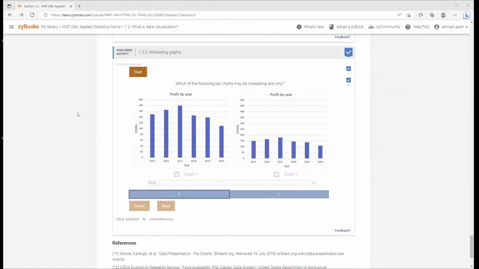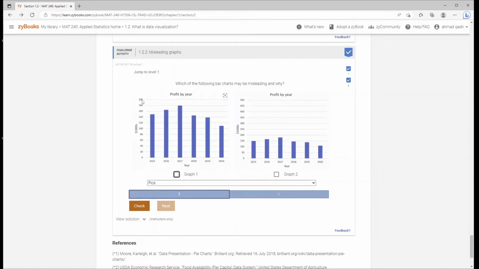This is challenge activity 1.2.2, and this is about misleading graphs. So let's start the activity. The first question is, which of the following bar charts may be misleading and why? So let's look at these two graphs here. In the x-axis, we do not see any differences. In the y-axis, they both start at 0, so that's good. However, notice that in this graph here, the maximum is 500, and here it's 200.